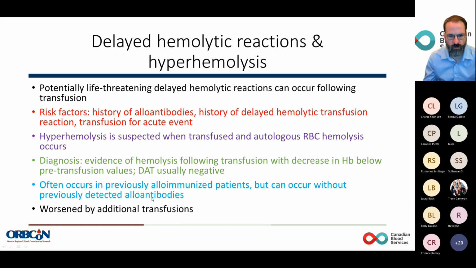And the most worrisome or challenging aspect about them is that they're worsened by additional transfusions. So giving more blood can actually make things worse by prolonging the hemolytic reaction and the hyperhemolysis. So it's a situation where patients can get quite anemic, and giving blood is just going to worsen things. So transfusion support is really kind of not an option. Really challenging to deal with clinically.